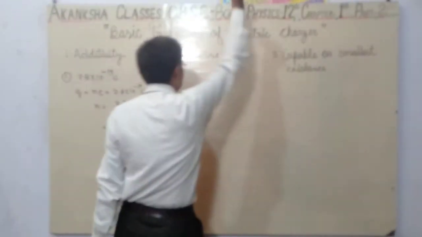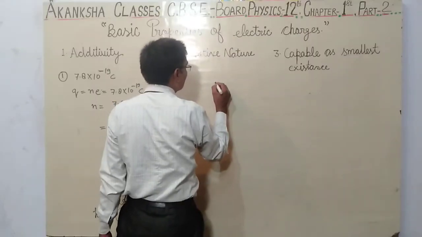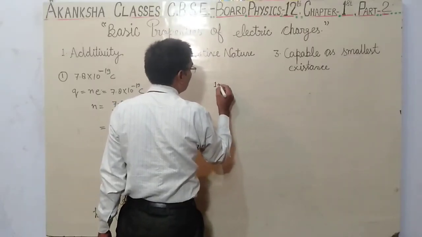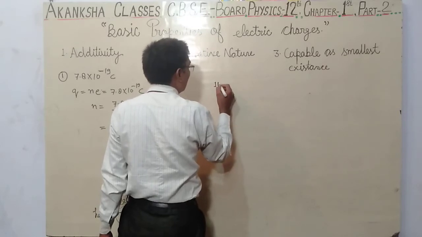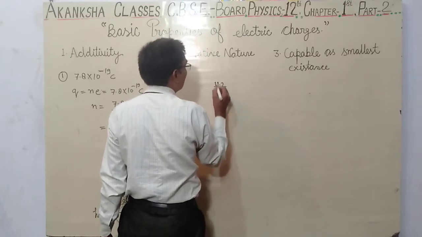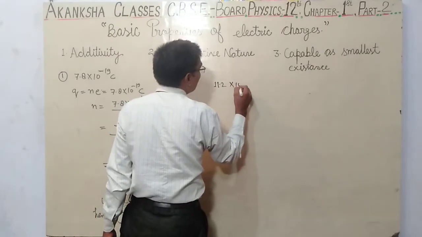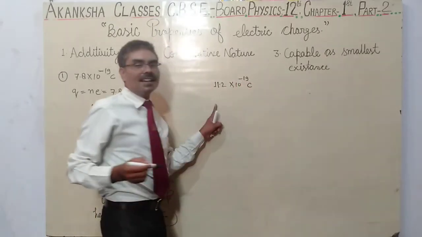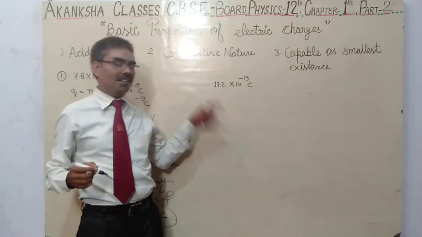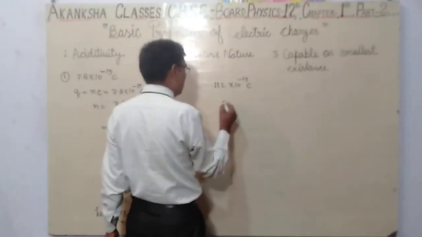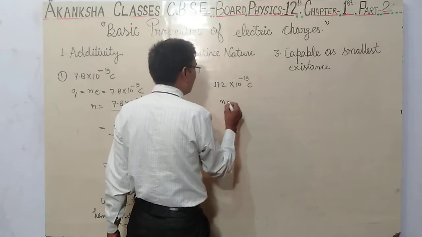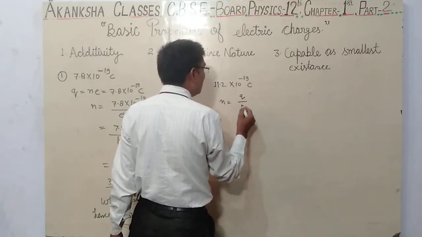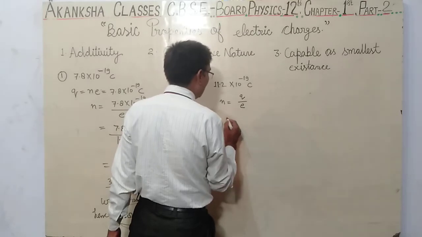Here is a new example: 11.2 into 10 power minus 19 coulomb. You have to check if the given charge exists or not by using N equals Q by e.